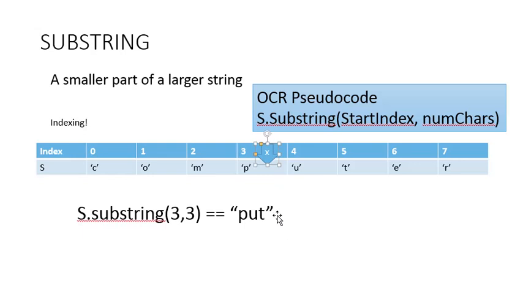There it is, which is going to be a P, and then from that point, including it, count and give me a total of 3 characters back. So P, that's 1 character, U, character number 2, T, character number 3. So substring 3, 3 would give me back the value of PUT, or put.